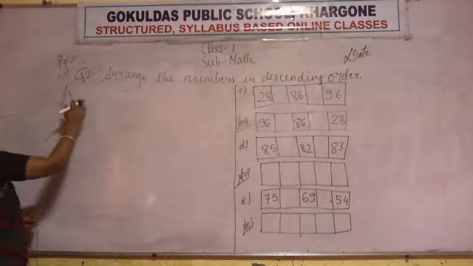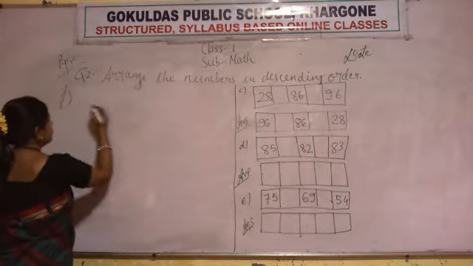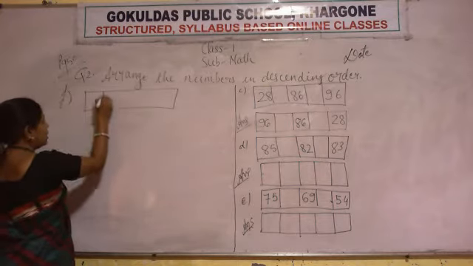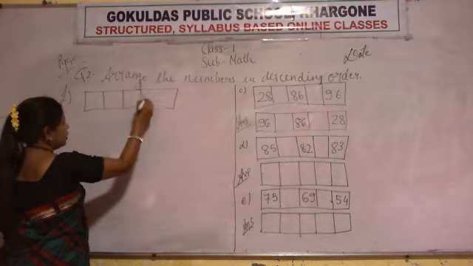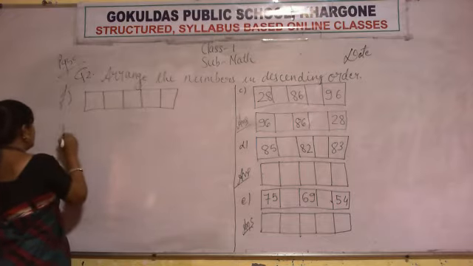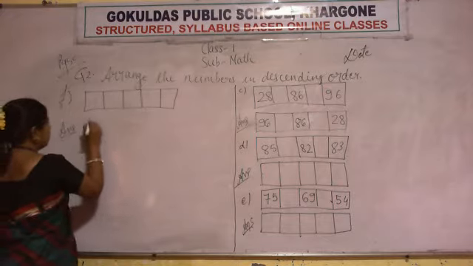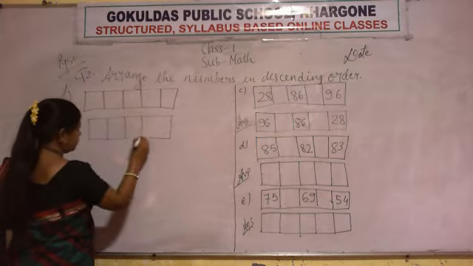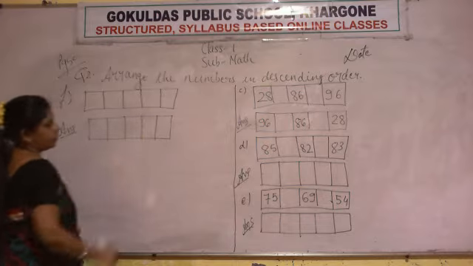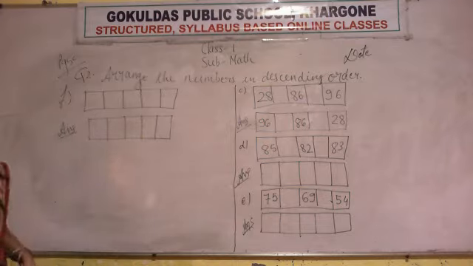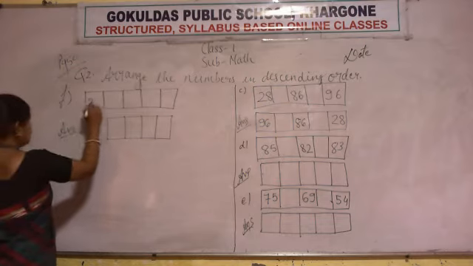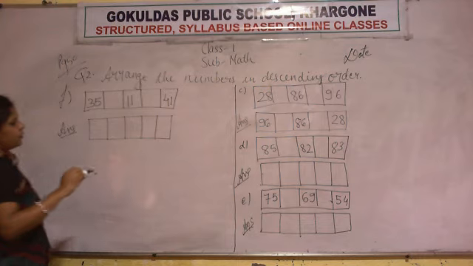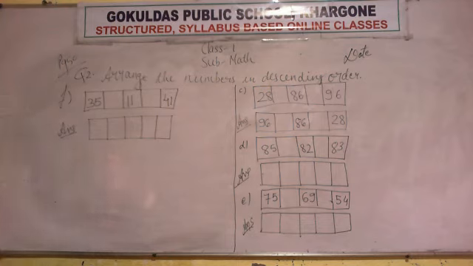F. Five, 11 and 41. So these are the 3 questions.